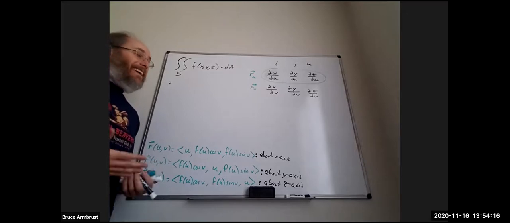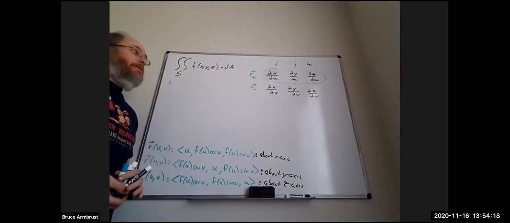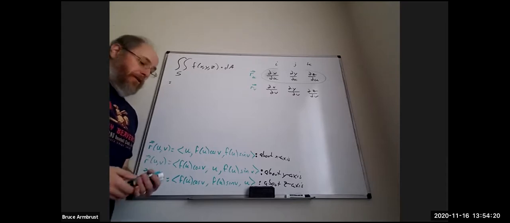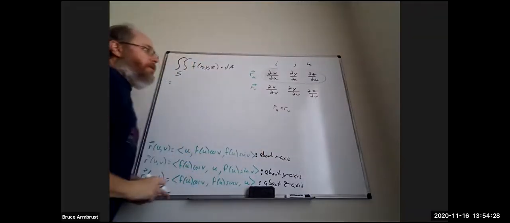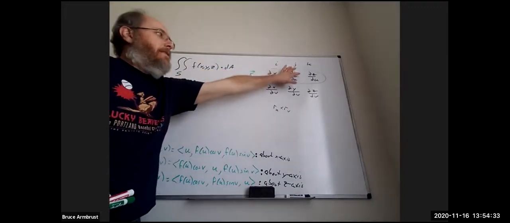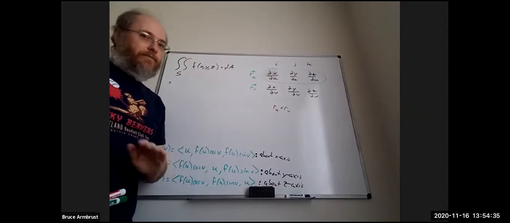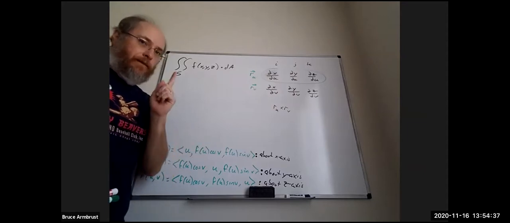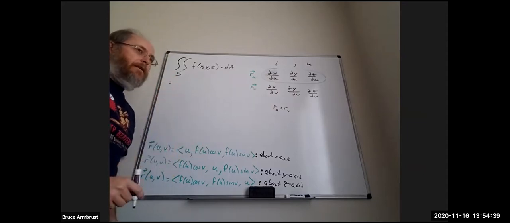Why isn't that enough? What's the problem with trying to make a Jacobian out of RU cross RV? Don't you have to do 1 over? So I'd have to do the 1 over if these were du dx, du dy, du dz. So I don't have to do the 1 over, but I'm glad you were thinking there.